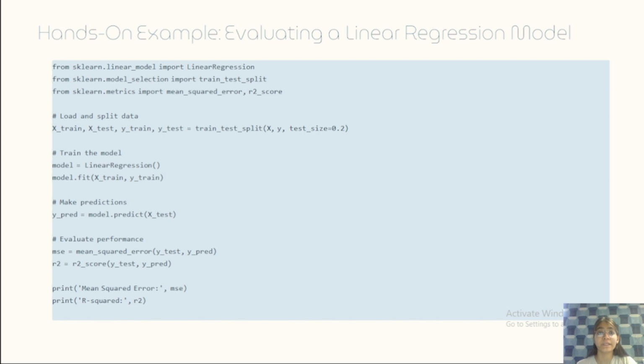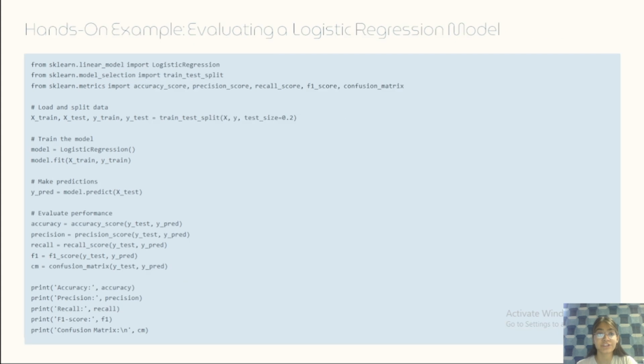Then we are evaluating the performance using two methods, that is mean square error and R2 score. Then we are printing the values of mean square error and R square. So this is about the linear regression model.